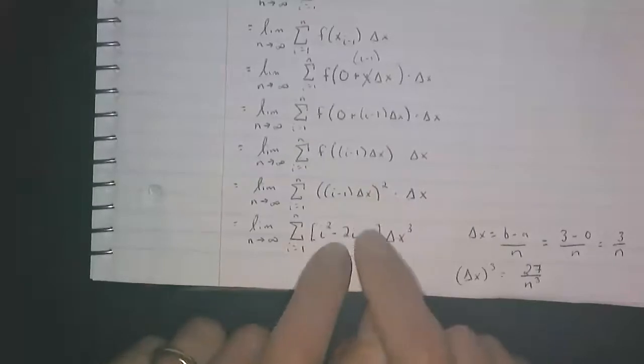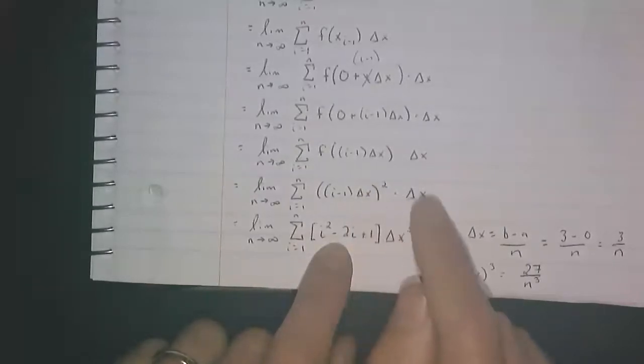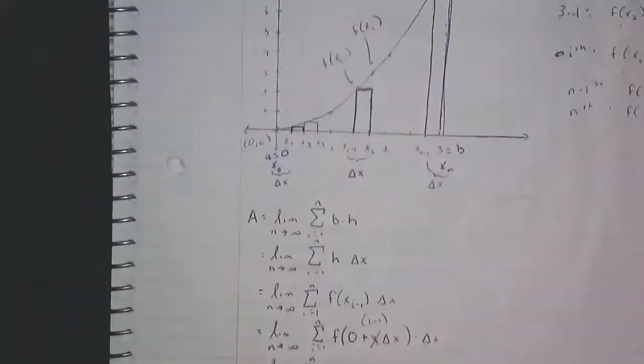And so I guess I didn't explicitly show the separate step here where there was a delta x squared that combined with the delta x that came all the way from the beginning as the base of our rectangles. That first delta x combined with this delta x squared to make delta x cubed. Okay. And so that's going to be kind of a mainstay of this process, is that delta x is going to show up when we actually plug into our function. Thank you. Yeah.